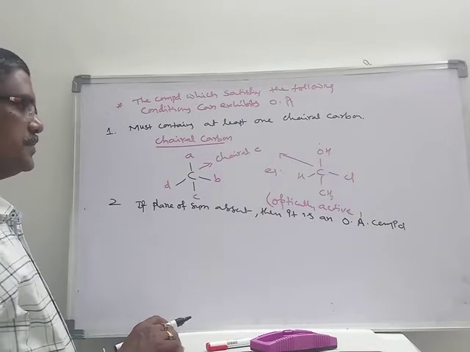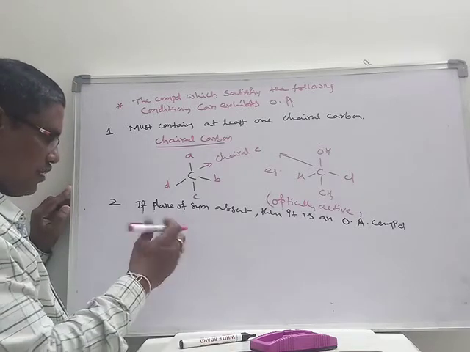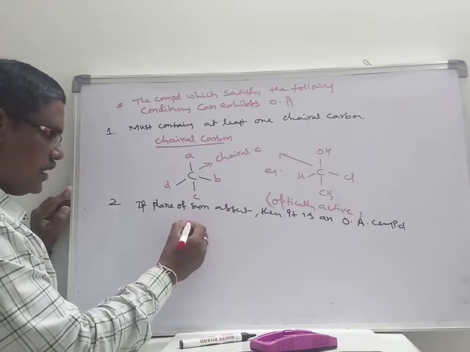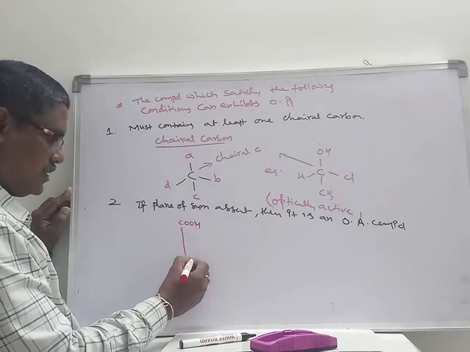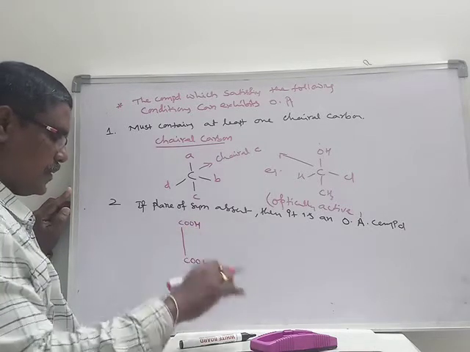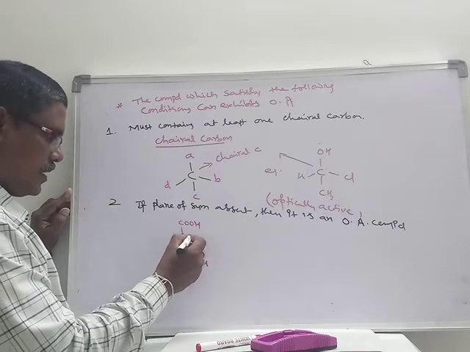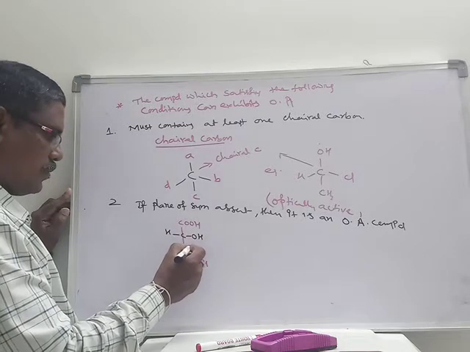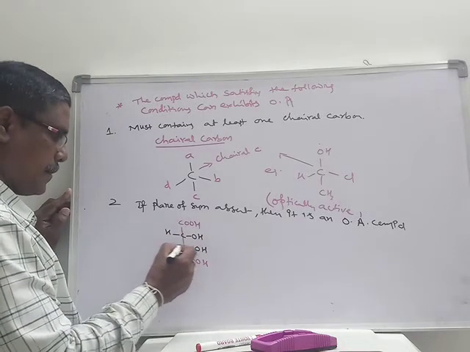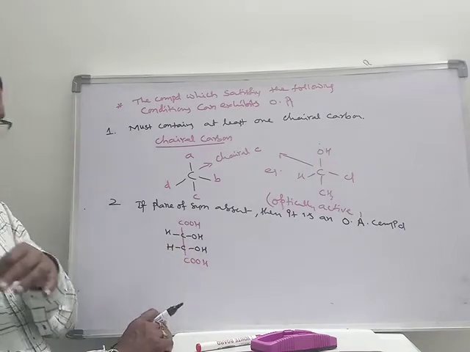But what is plane of symmetry? I am taking one example only. This is COOH and this is COOH. In between, carbon with OH and carbon with OH. This is tartaric acid, meso-tartaric acid.